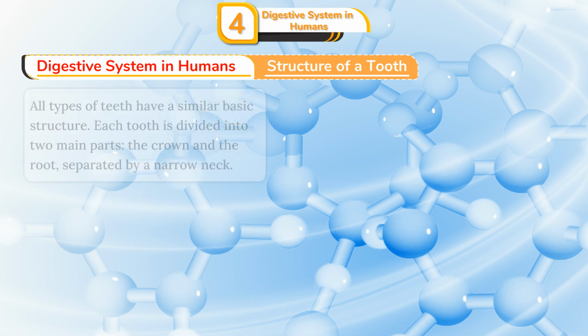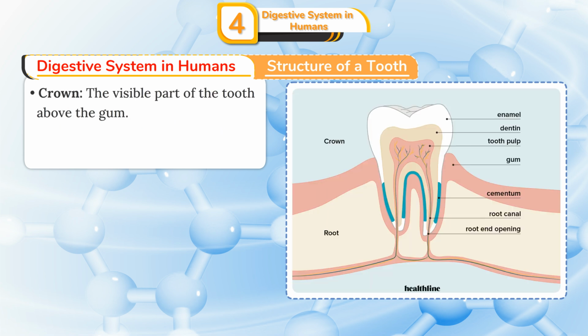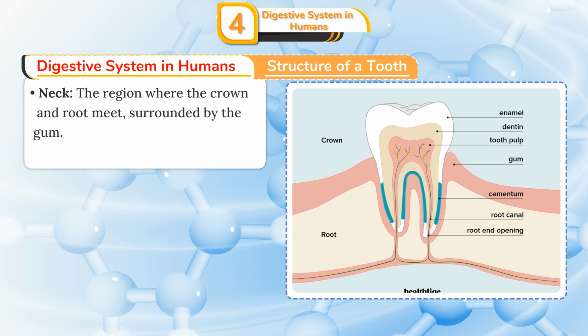Structure of a tooth. All types of teeth have a similar basic structure. Each tooth is divided into two main parts, the crown and the root, separated by a narrow neck. Crown, the visible part of the tooth above the gum. Root, the part of the tooth embedded in the jawbone.